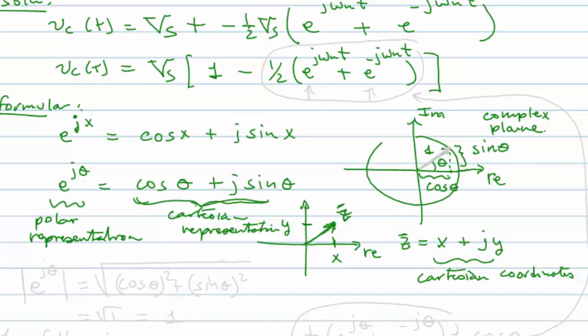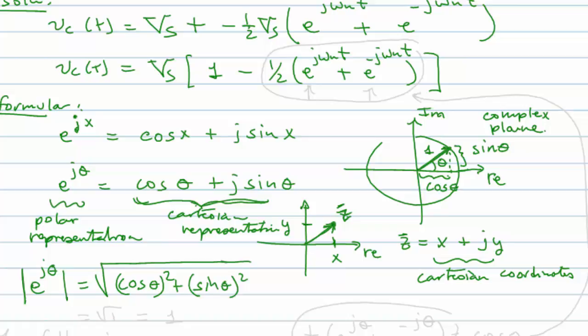If you look at this, we can say something, for instance, about the magnitude. What is the magnitude or the absolute value of e to the j theta? Well, if you believe me that e to the j theta is this vector here, in Cartesian coordinates it's got a real part cosine theta and an imaginary part sine theta, then the magnitude is simply equal to the square root of the real part squared plus the imaginary part squared.